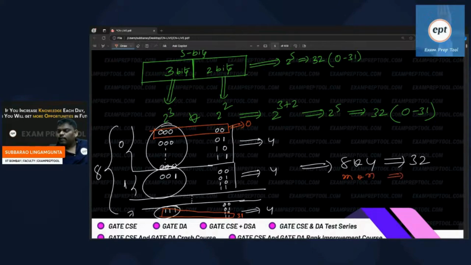The left side changes from 0 to 7, which is 8 ways. The right side changes from 0 to 3, which is 4 ways.